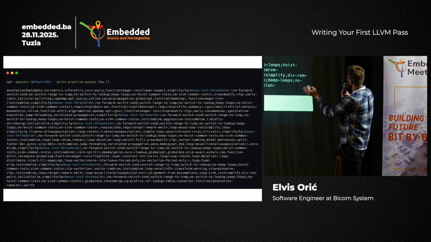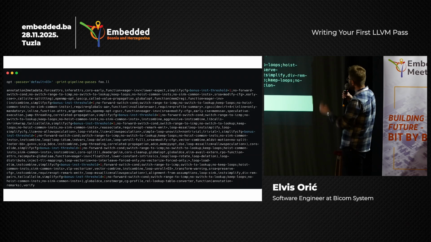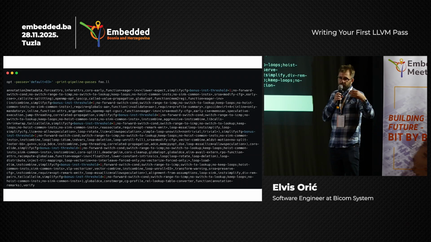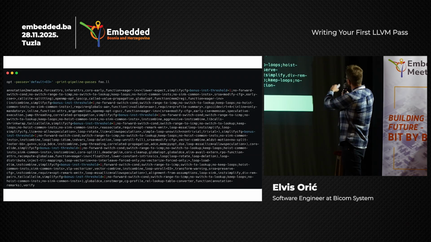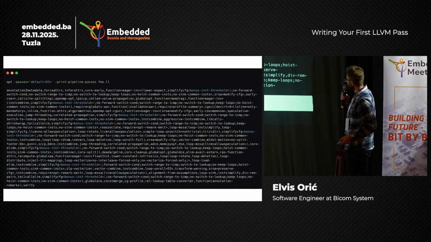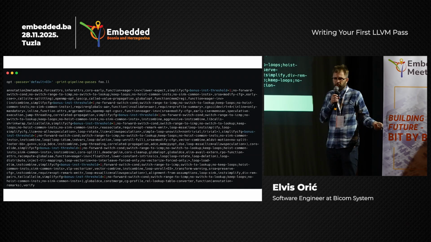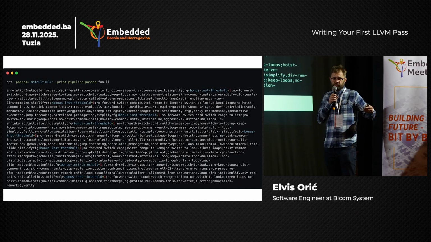You can see maybe there are 100 or even more passes, transformations actually, and there are a lot of loop optimizations there. But you don't have to optimize using transform. You can do different things there. For example, in our case, we'll show that we can inject something.